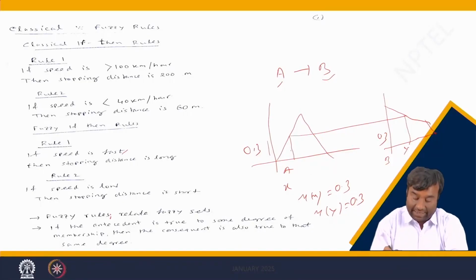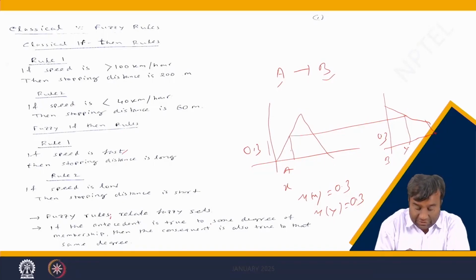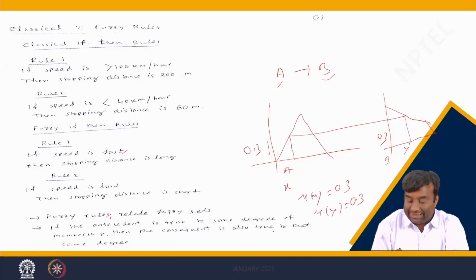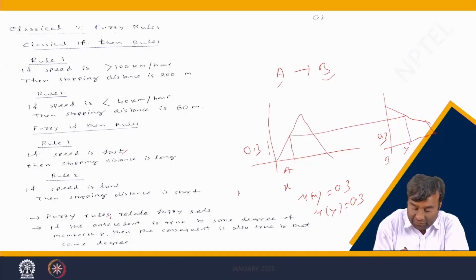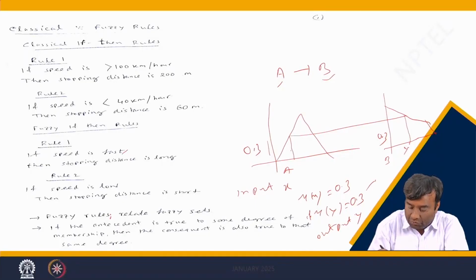So the rule says that if the antecedent is true to some degree of membership, 0.3, then the consequent, that is B, is also true to that same degree. So if the input is x such that mu x is 0.3, then the output is y such that mu y equals 0.3.